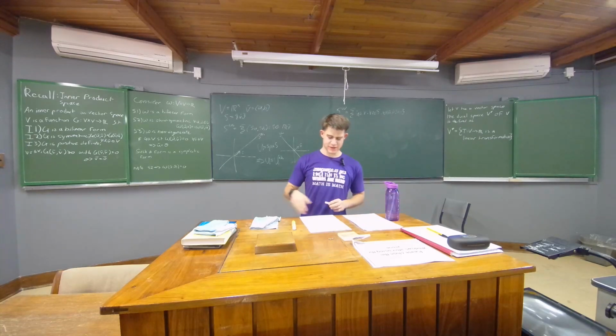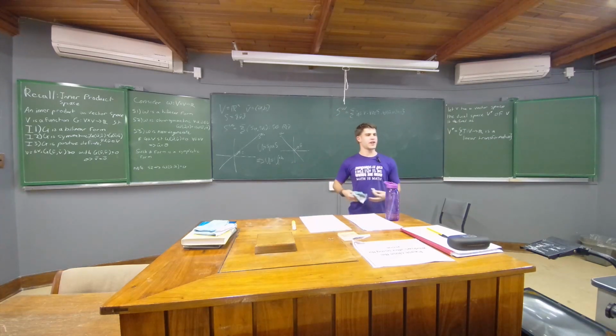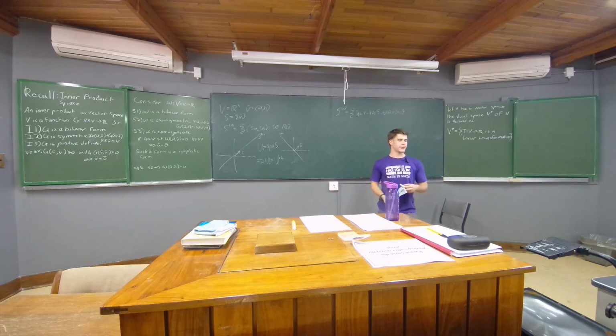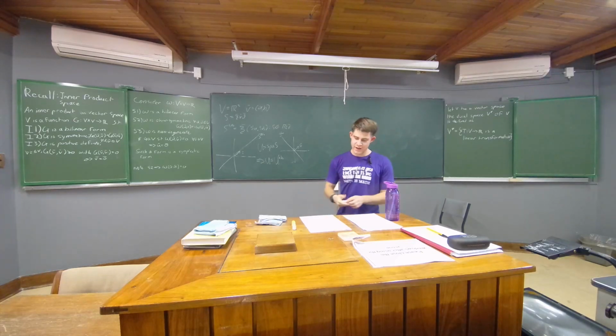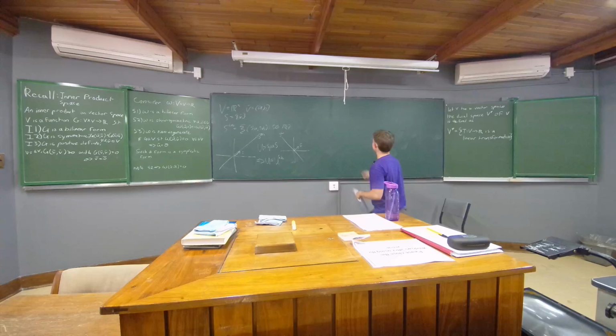Okay, so we've got this interesting behavior. Let's see what happens if we push it up a dimension or two, and give specific numbers just to see what happens again. So now we're going to work in R4, and in particular, we're going to let our V be (1, 2, 3, 4).